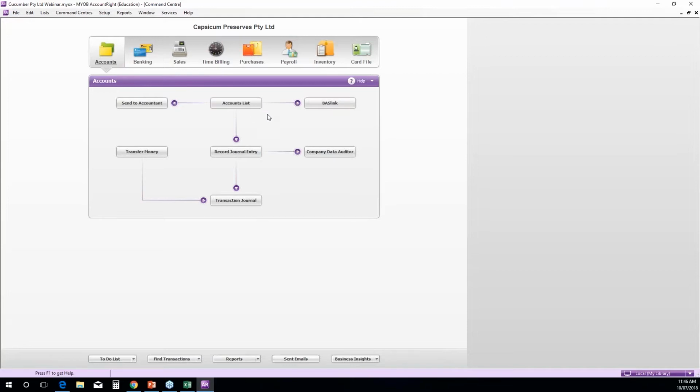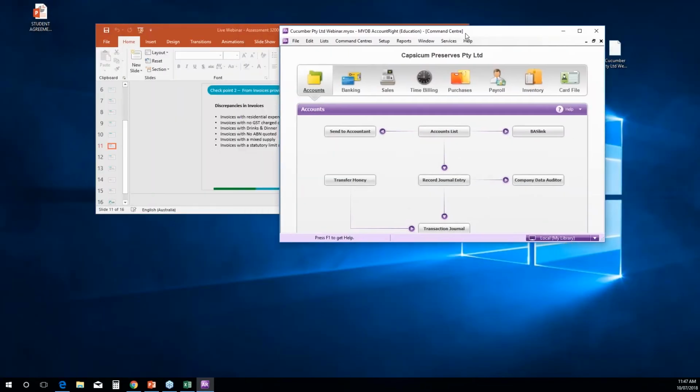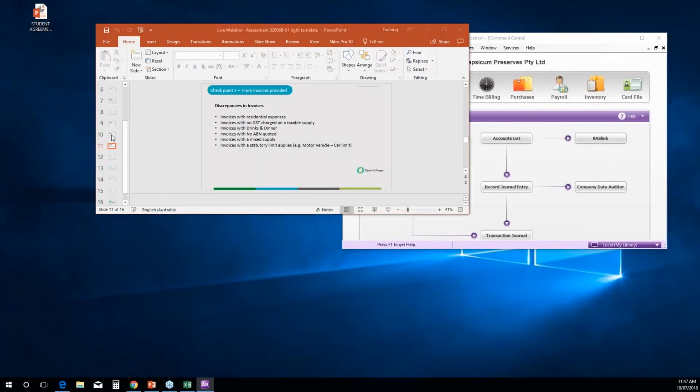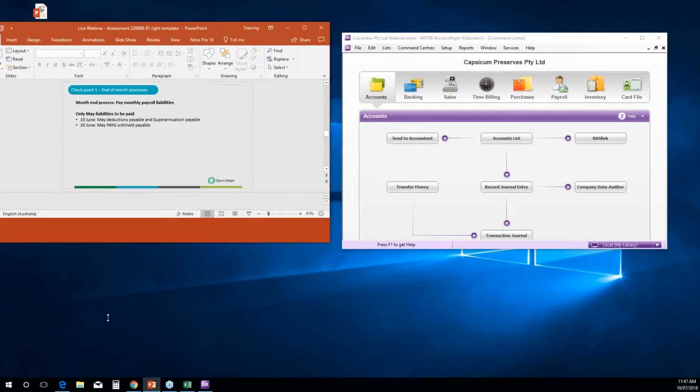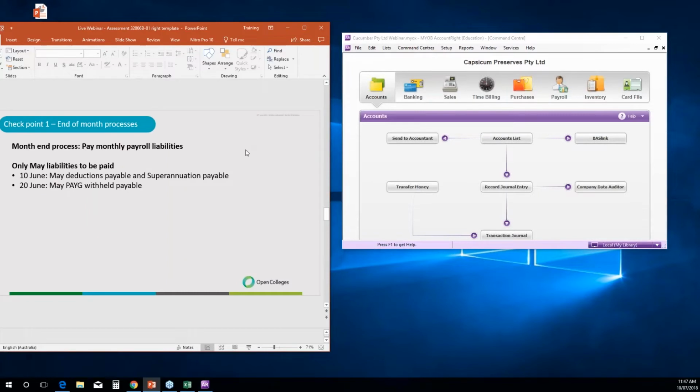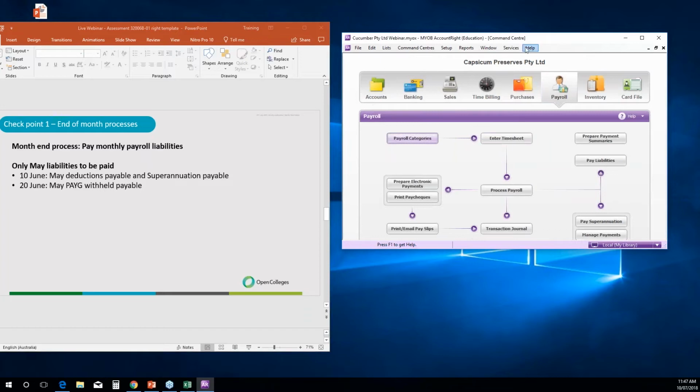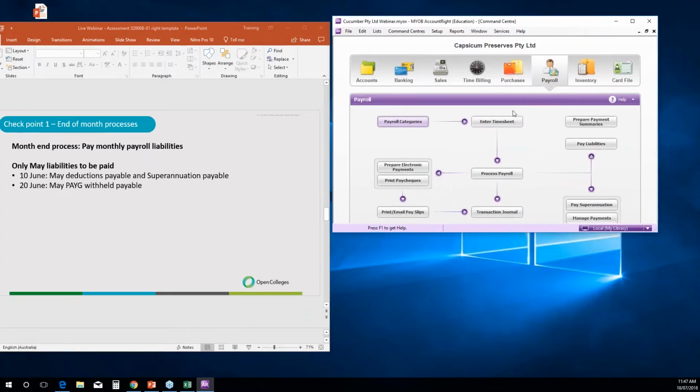First of all, I'm going back to checkpoint number 1. I am not going to do everything, but I will show you how to pay the payroll liabilities. In MYOB, you go to payroll because you're paying payroll liabilities, and simply click Pay Liabilities.